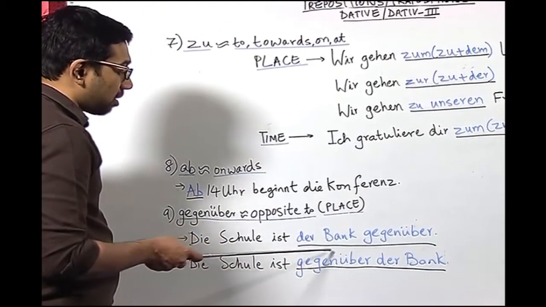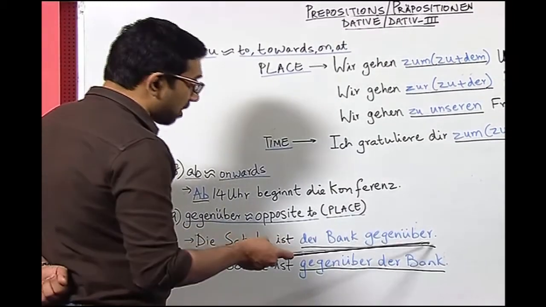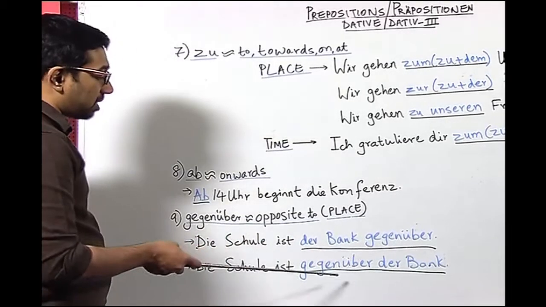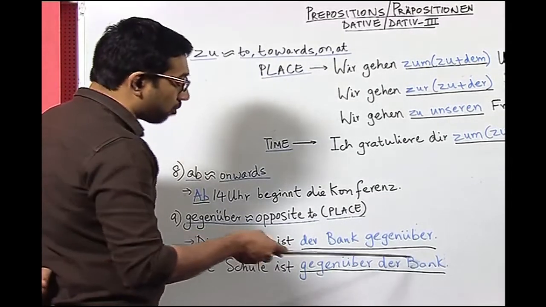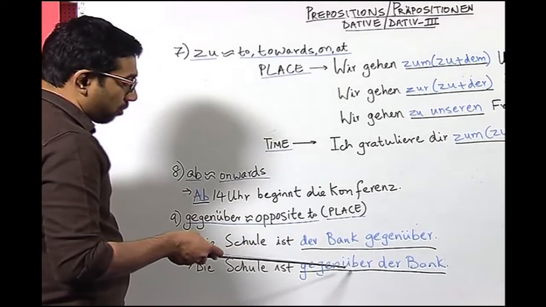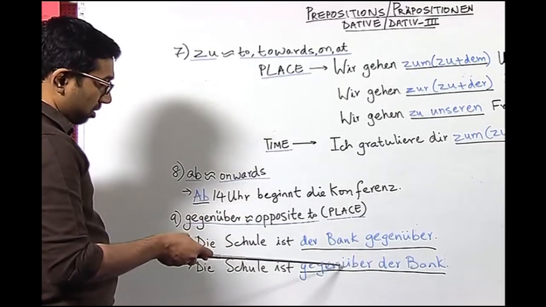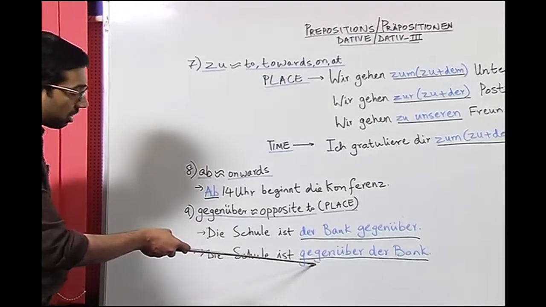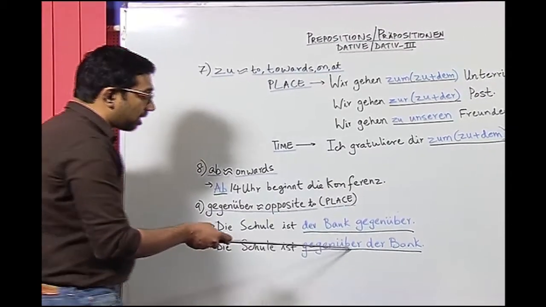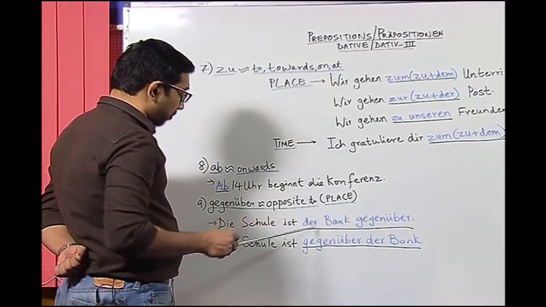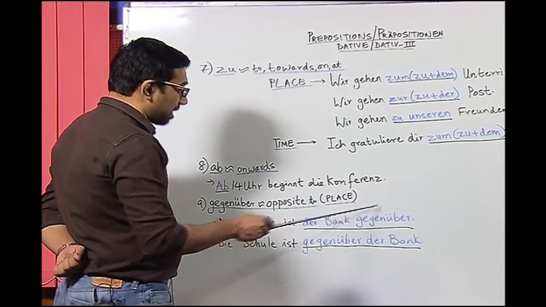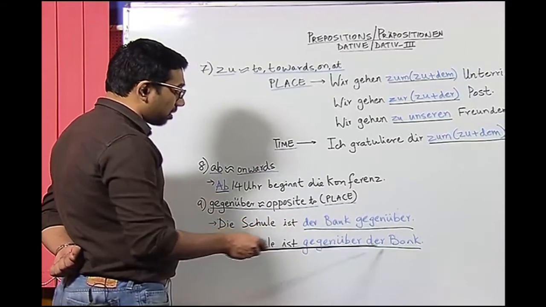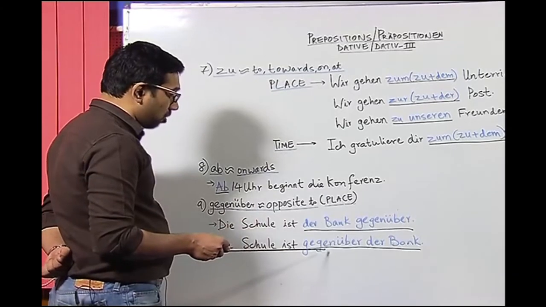It can either go after the dative noun or the pronoun, or it can stand before the dative noun or the pronoun like the other prepositions. Therefore, while writing the preposition gegenüber, make sure that you are choosing the correct position. So, it can either be after the dative pronoun or the noun, or before the dative pronoun or the noun.